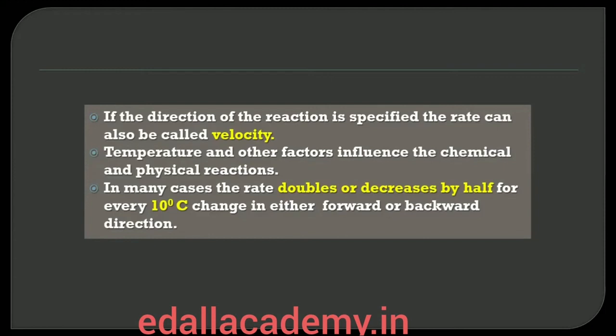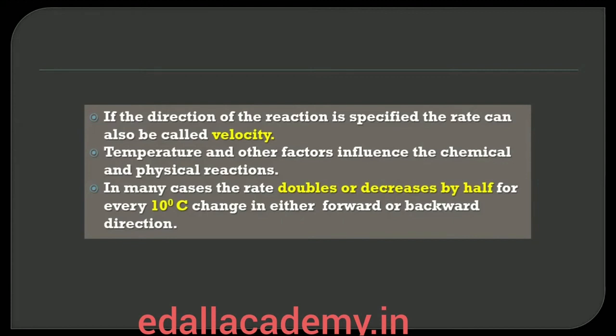Rates of physical and chemical processes are influenced by temperature among other factors. A general rule of thumb is that the rate doubles or decreases by half for every 10 degrees Celsius change in either direction. Catalyzed reactions proceed at rates vastly higher than that of uncatalyzed ones.